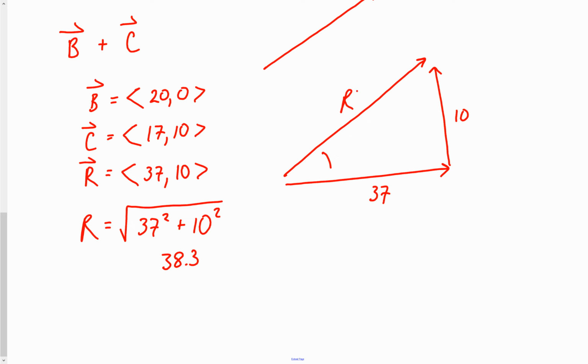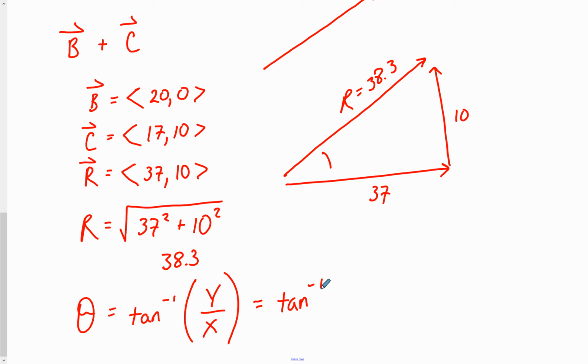So this is 38.3. And now if I want to find my angle, it's always tangent inverse. And all we need is our y over our x every single time. So tangent inverse, my y value was 10, my x value was 37.